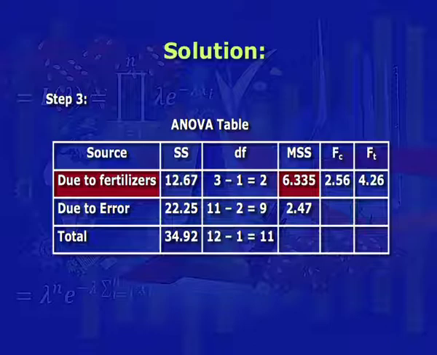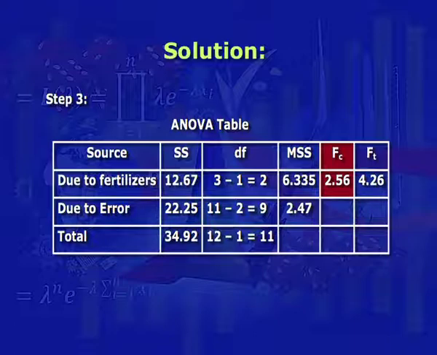So here we divide 12.67 by degrees of freedom 2, we get the answer 6.335. Similarly, due to error, the mean sum of square is obtained as 22.25 divided by 9, so we get the answer 2.47.